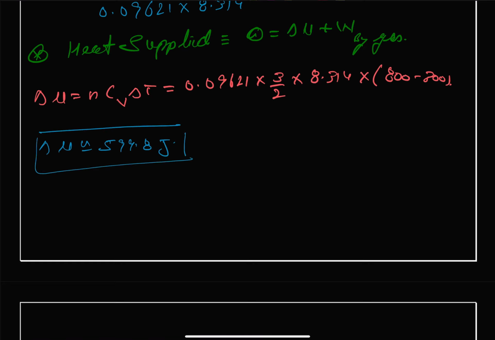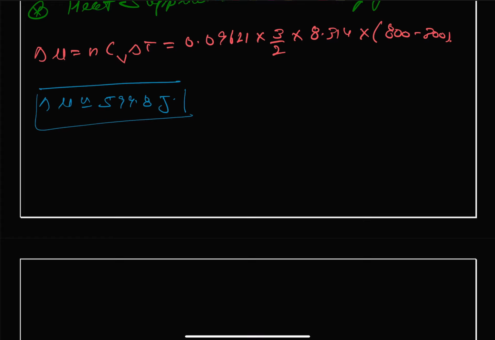Now we come to the work done by the gas. Okay. And as the gas is going to expand, the spring is going to compress. So basically we can say, as the gas pressure varies, that is a variation in the strength of the spring also.